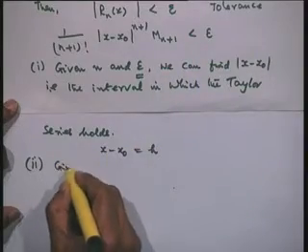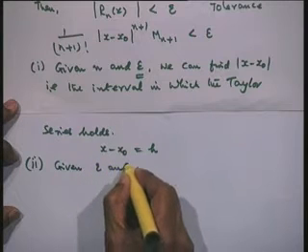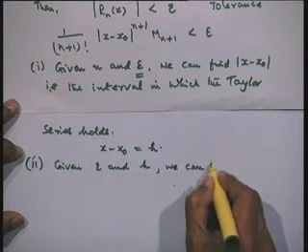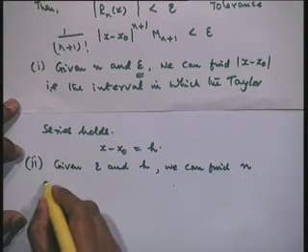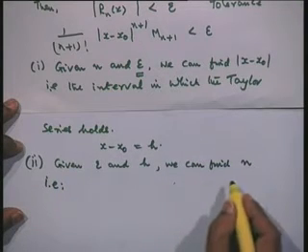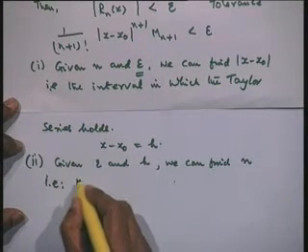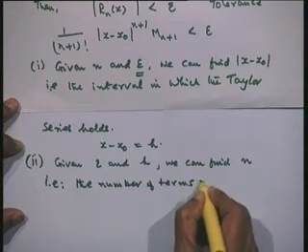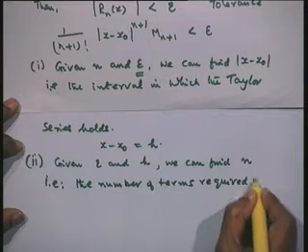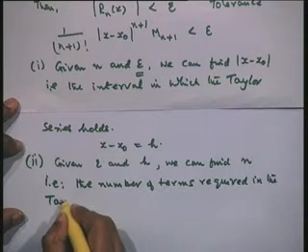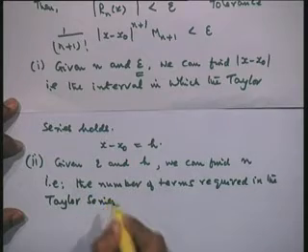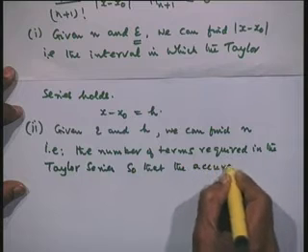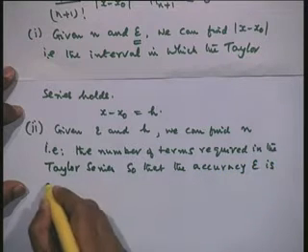So, given epsilon and h, we can find n, the number of terms required in the Taylor series so that the accuracy epsilon is retained.